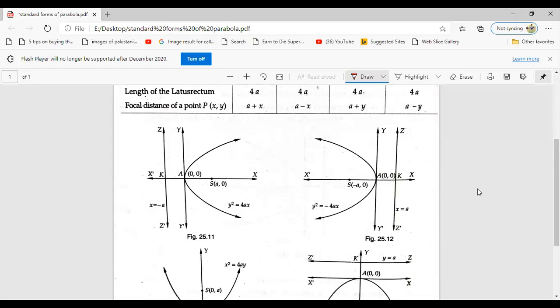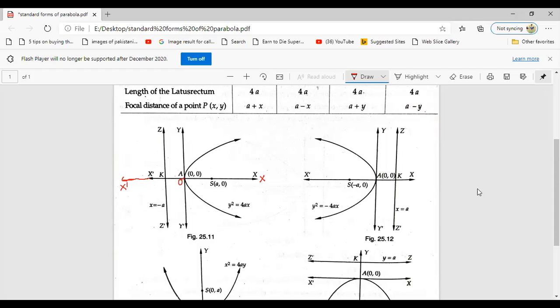So here you can see this is the x-axis, and this point is the origin. You can extend it anywhere, to x dash. This is the origin. If you see this parabola, it is just touching at the origin.